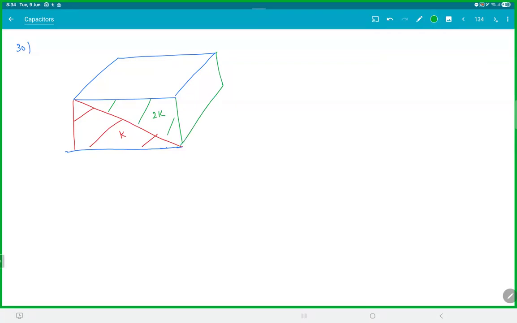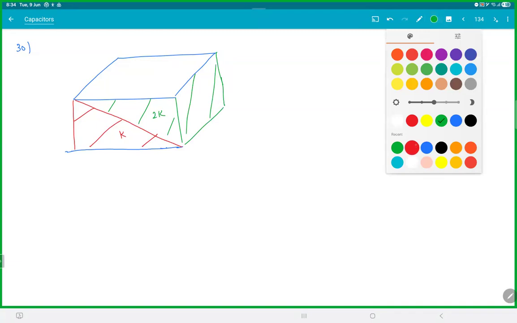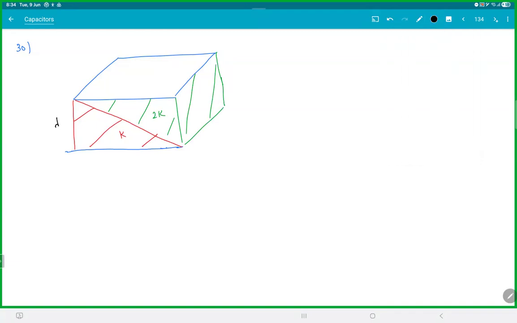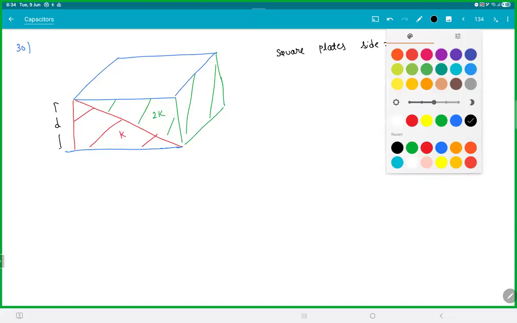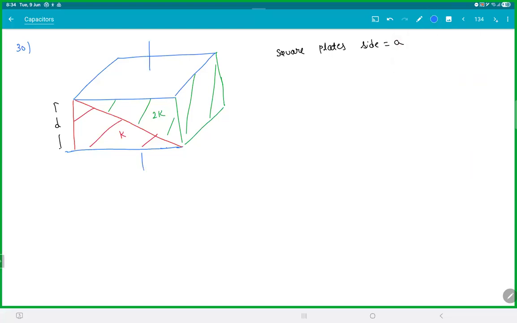You have the wedge, that entire wedge is like a dielectric there. So the other side would be the red thing there. The distance between the plates is D, right? It's a square plate of side A. Find C equivalent.